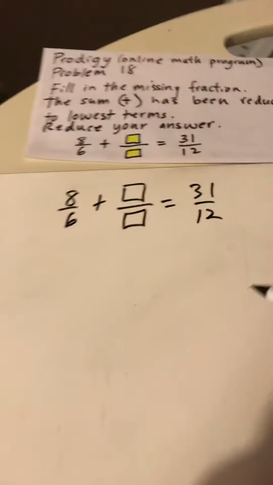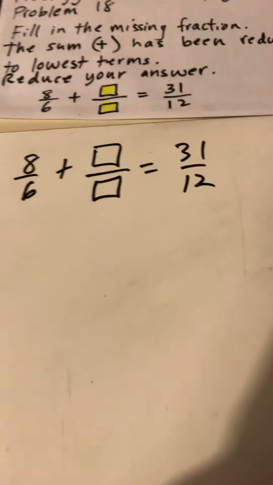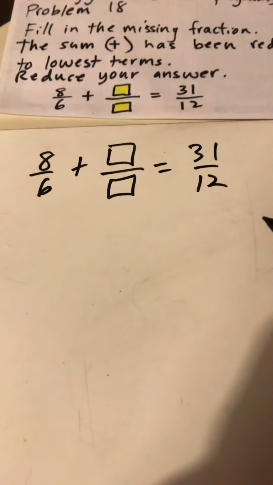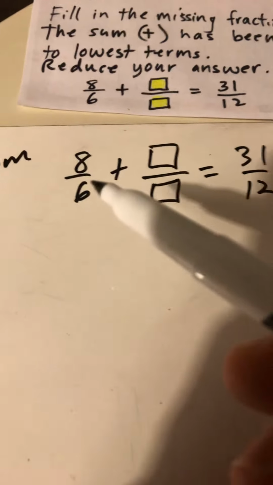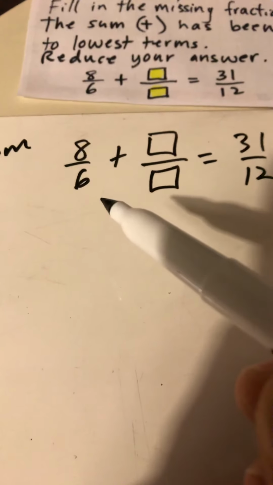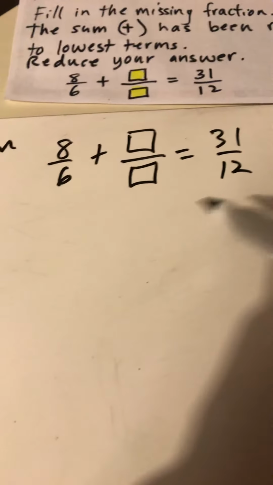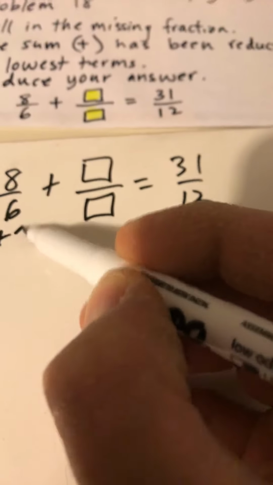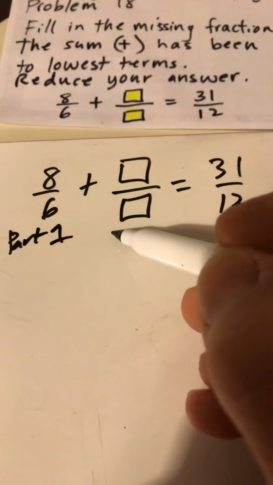So this time that we do this problem, we're gonna ignore the fact that these are improper fractions, okay? So what we're gonna do is we're just gonna realize that this is part 1, and this is part 2. Part 2 is unknown.